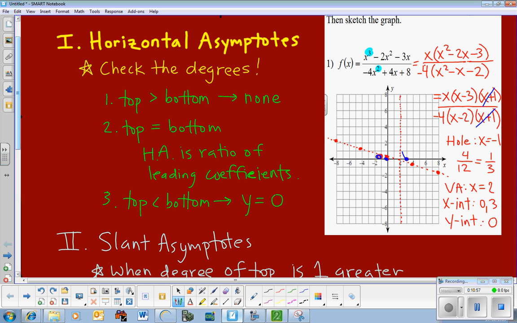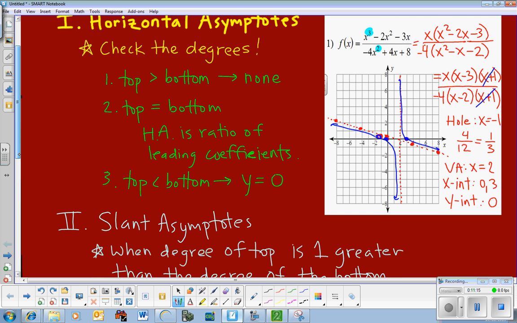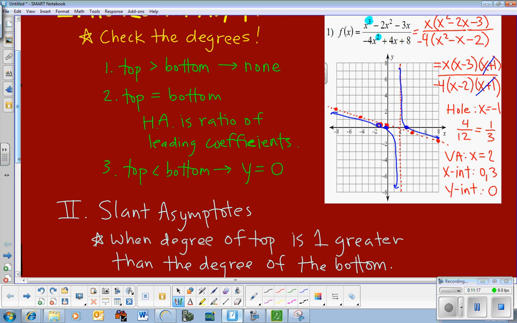I've got to basically come up like this, getting really close to that asymptote, and down like this. And then with a hole in the graph, I'm going to go like that and like that. You can tell that's similar to the horizontal asymptote graphs that we do, but it's just tilted for the slant asymptote.